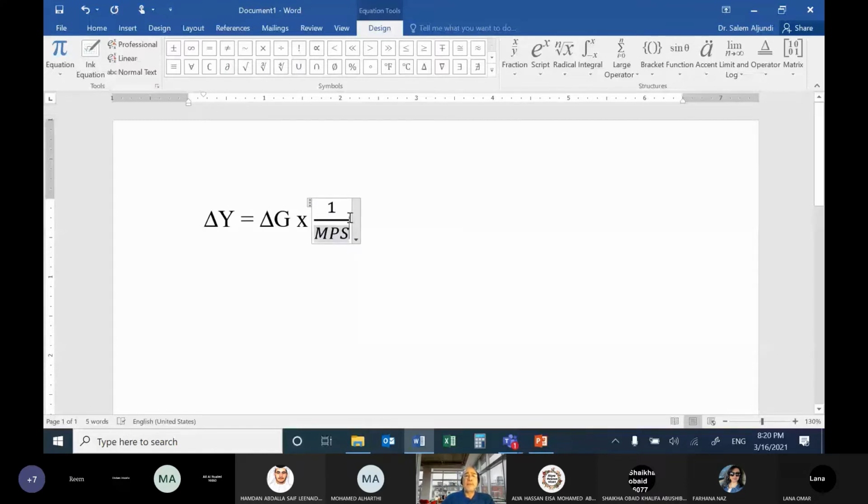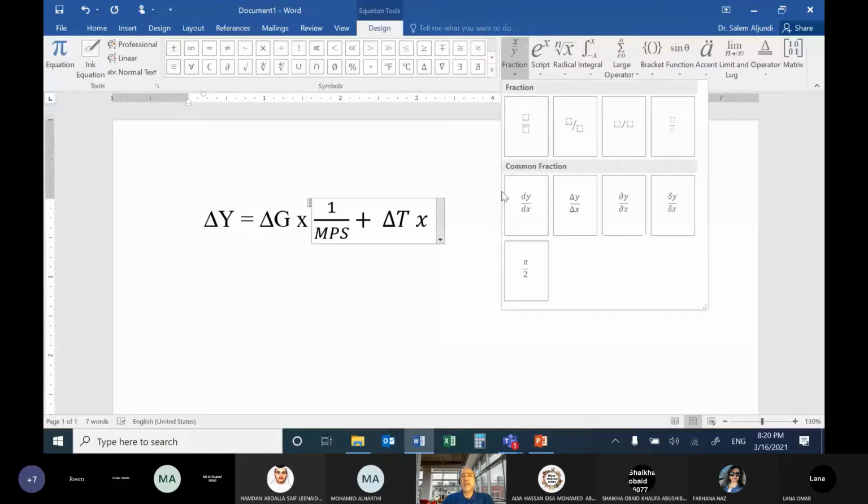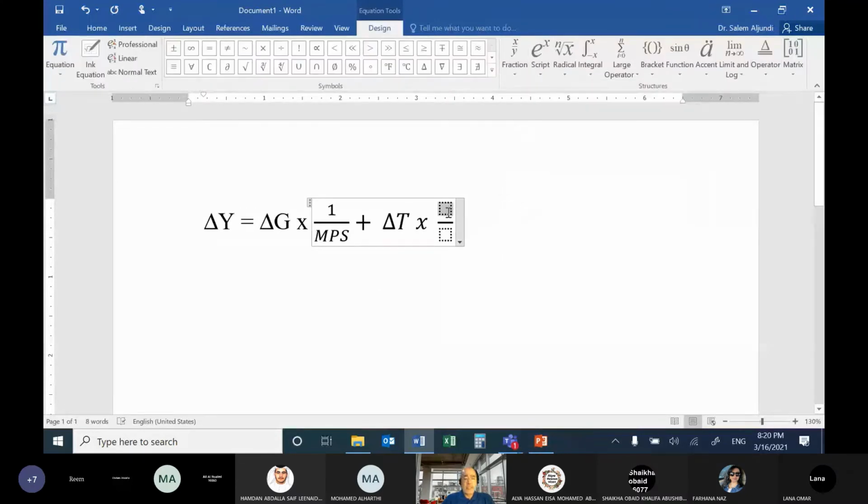Assume the government also increased taxes by the same amount. What is the tax multiplier? The tax multiplier equals minus MPC divided by MPS.